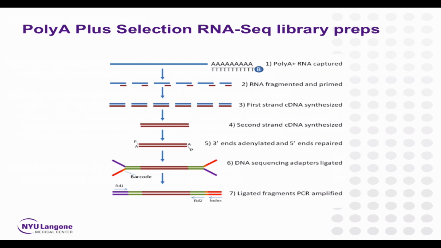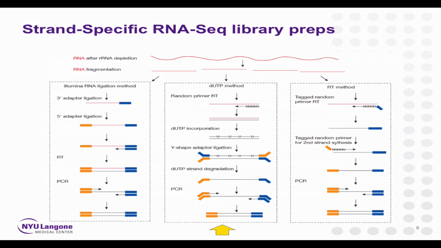So very recently, strand-specific RNA-seq library preps became very popular. And why are they so popular? Because basically at that point, you know exactly which strand your RNA is coming from. In genomes like human and the mouse, you don't have a lot of overlaps, but you do sometimes, like in long non-coding RNAs, maybe coming from a different strand than the coding RNAs, and you want to make sure that you capture that information.